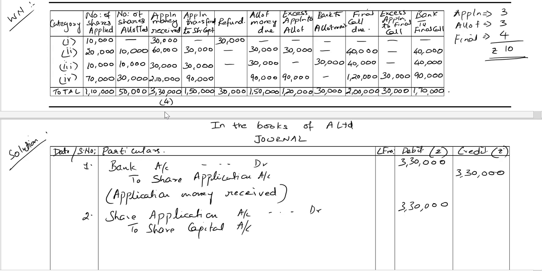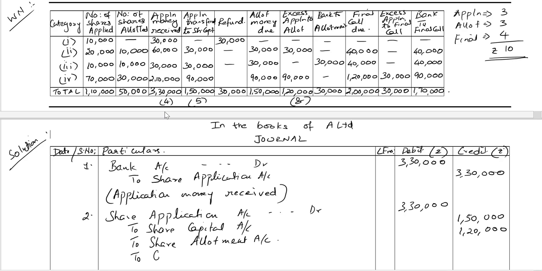The amount against share capital account is the total of the fifth column, application money transferred to share capital, which is 1,50,000 rupees to share allotment account. The amount against share allotment account is the amount of the eighth column, excess application money transferred to allotment, 1,20,000 rupees.